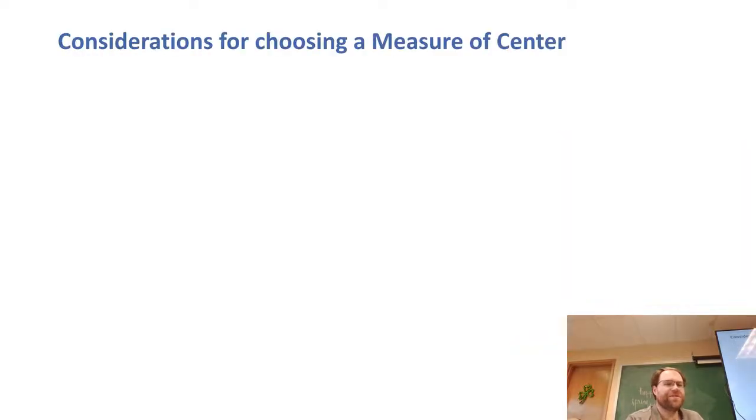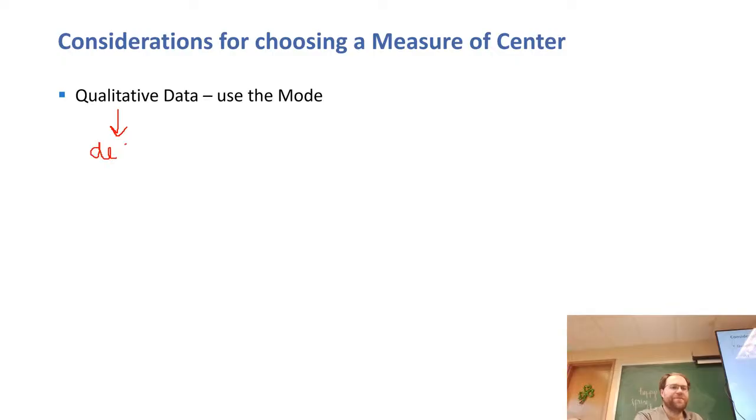Okay. So some considerations for picking which one you want to focus on. If you have qualitative data, what does it mean by qualitative data? Like describing, yeah, describing, you could think like categories of some kind.